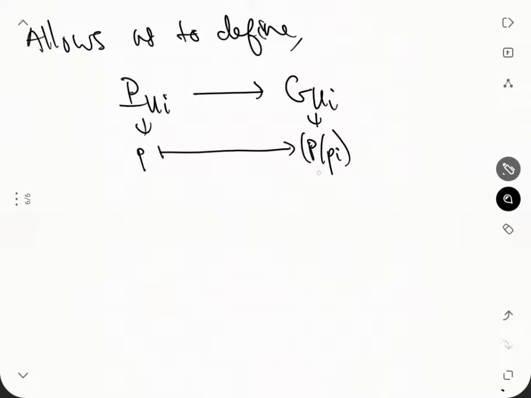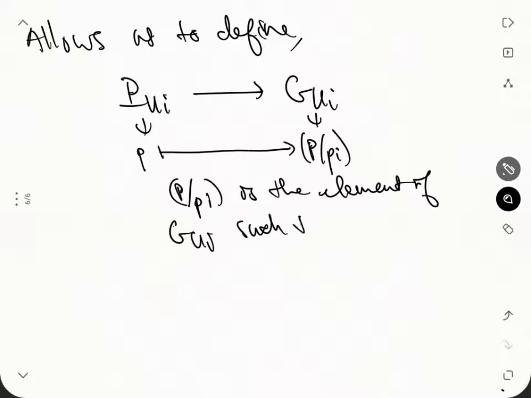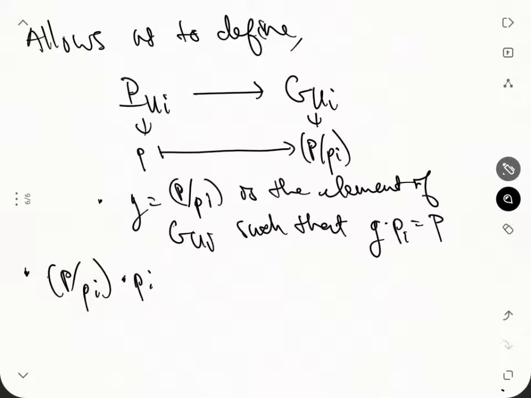And this P divided by Pi is the element of G such that, let's call this G, such that G times Pi is equal to P. Okay, so in particular you can note that P over Pi times Pi, these two things cancel, and then you just get P back.